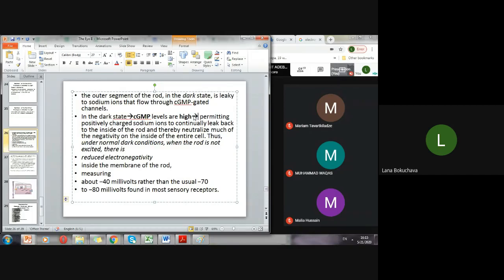So the cyclic GMP presence, just because of the dark period, is giving us the reduced electronegativity inside of the rod.